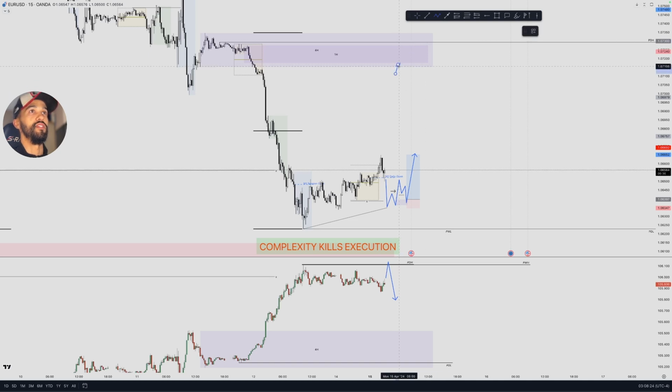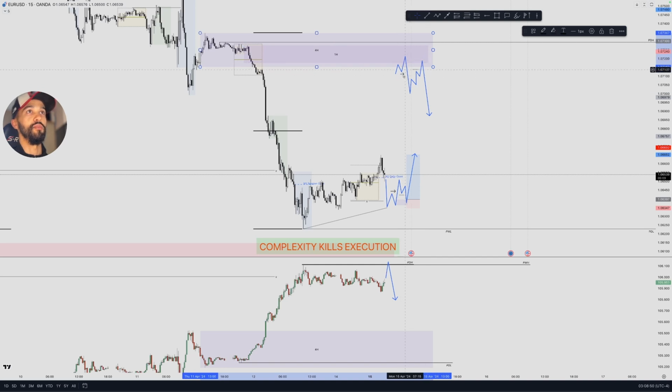So if price were to come up here, mitigate these POIs and then break down, that would be great, of course, as well. Now we do have some news in the afternoon for the NY session, and that of course may bring price up here or further down, we don't know, but this is what the order would look like if it happens.